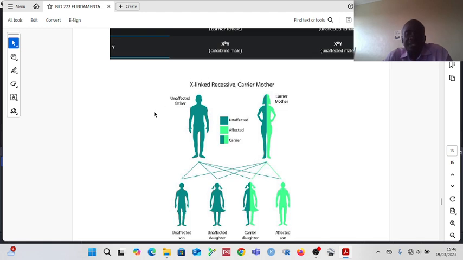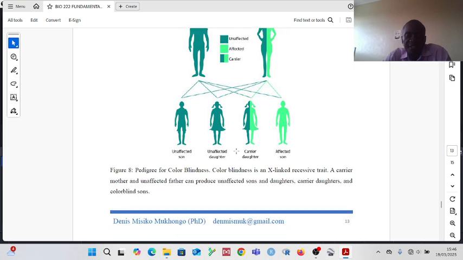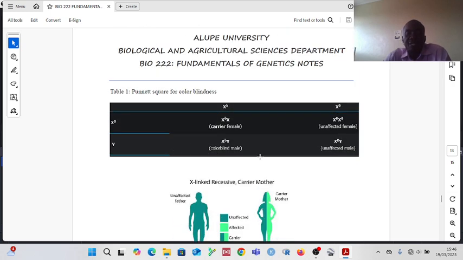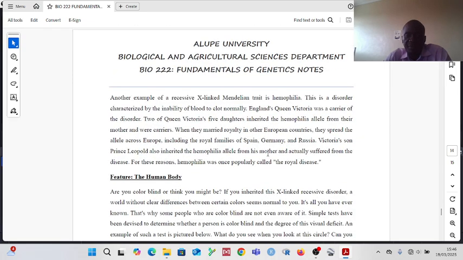So that is still being shown even in figure 8. Table 1 is a Punnett square, but figure 8 is a pedigree. An example of another recessive X-linked trait is hemophilia. Hemophilia is where blood does not clot normally.